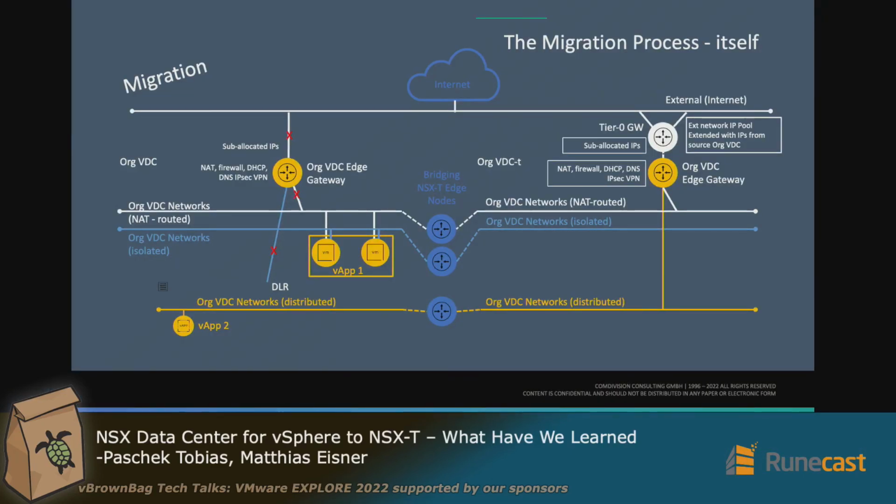Plus the default gateway needs to be changed from NSX V to NSX T, depending on your enterprise network architecture. If you use a dynamic routing protocol, it needs to be announced via BGP and stuff like this.